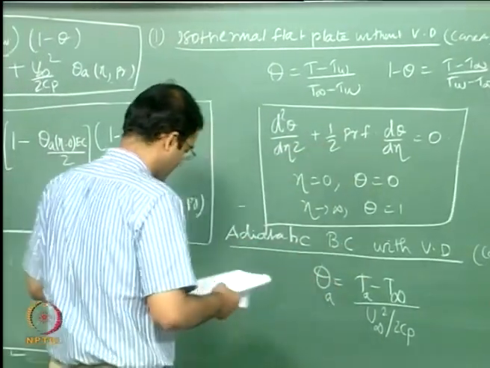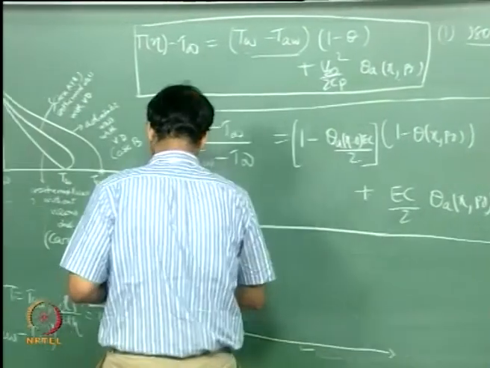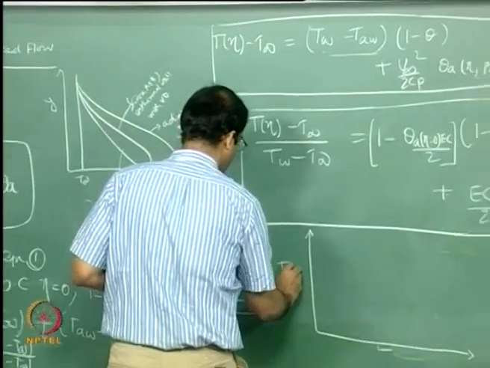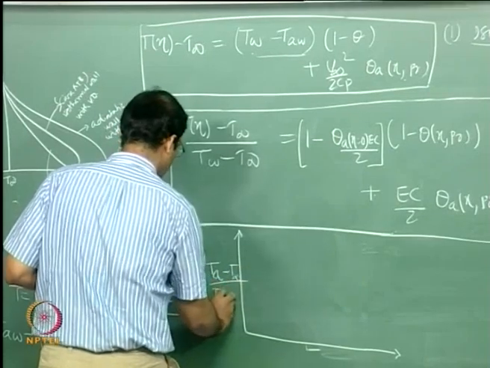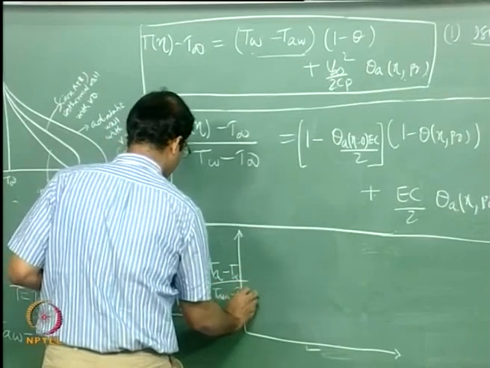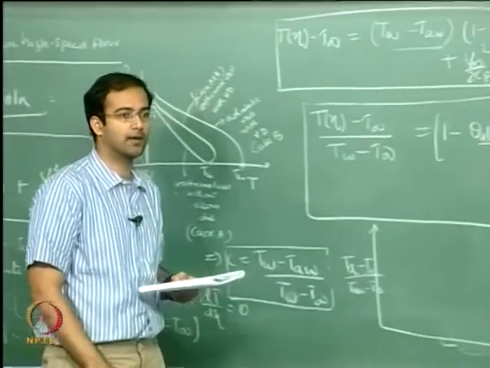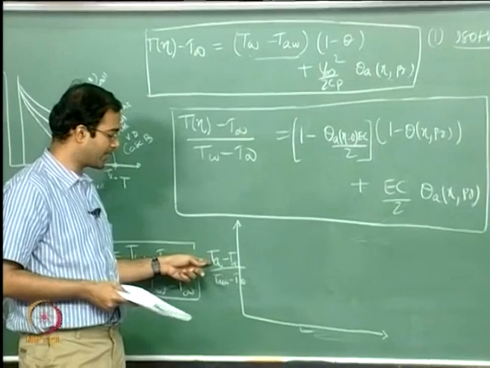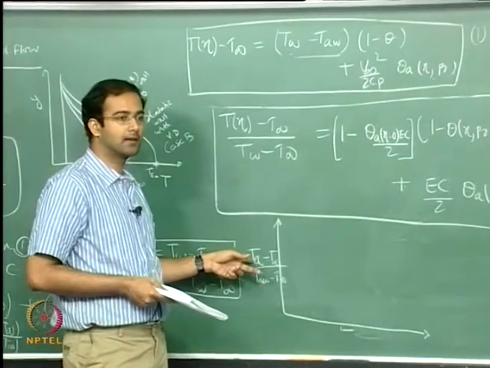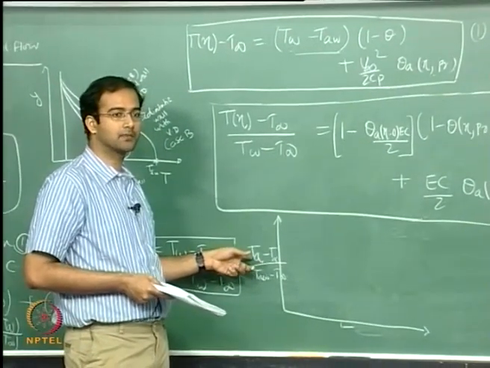Case B, if you plot it as non-dimensionalize the adiabatic temperature as Ta minus T infinity by Ta wall minus T infinity, such that it scales between 0 and 1. So at y equal to 0 this becomes T adiabatic wall, it becomes 1. At y going to infinity this becomes 0.